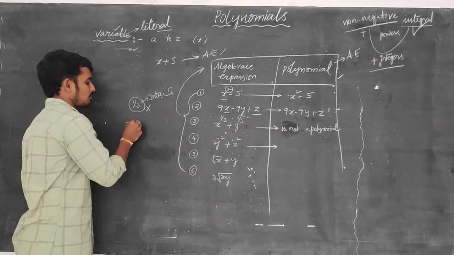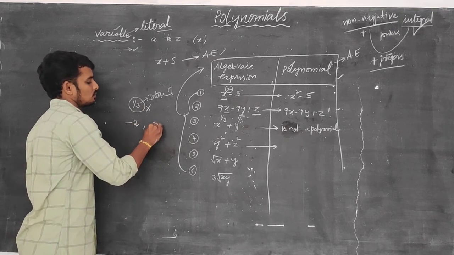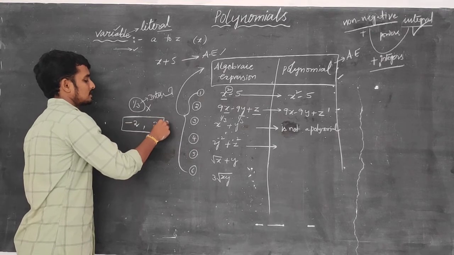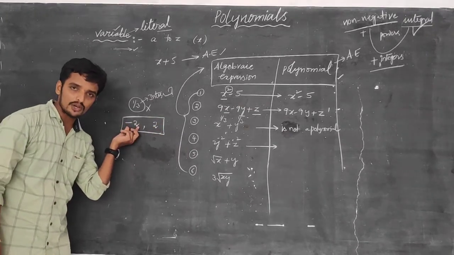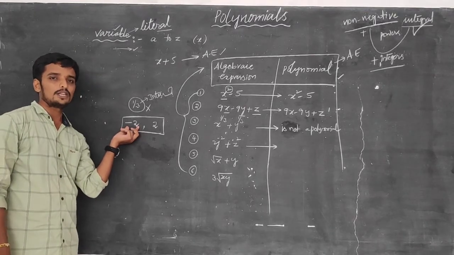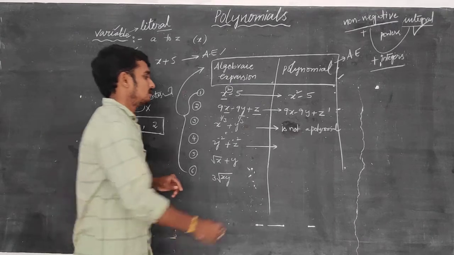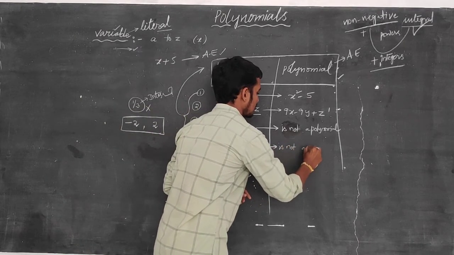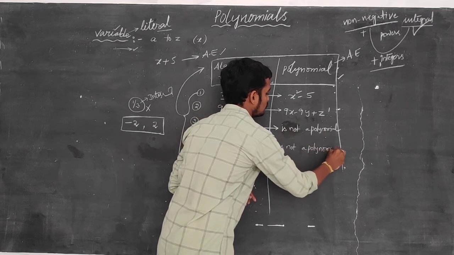The first variable y has power minus 2 and the second variable z has power 2. So minus 2, is it a positive integer? No, it is a negative integer. So this is not a polynomial. This is also something we say is not a polynomial.